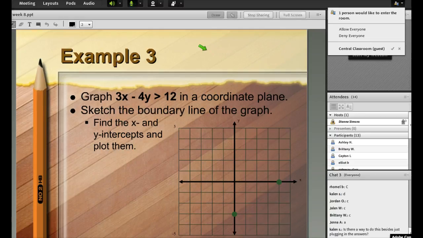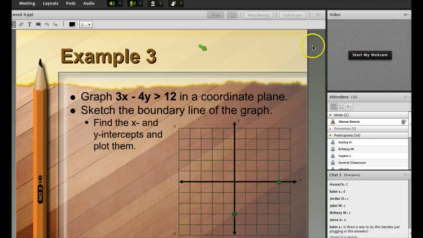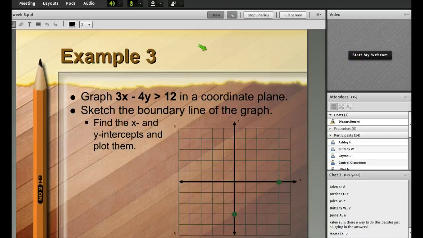How many points do you need for a line? Just 2. Oh, solid or dashed, sorry. It's dashed, right? Because there is no equal sign under there. And test point, put in 0, 0. Is that going to be greater than 12?